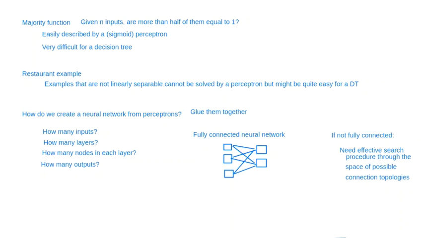So one of these approaches is called tiling. In tiling, you begin with a single unit, like a single perceptron or a single piece, that predicts as well as possible for what you have.